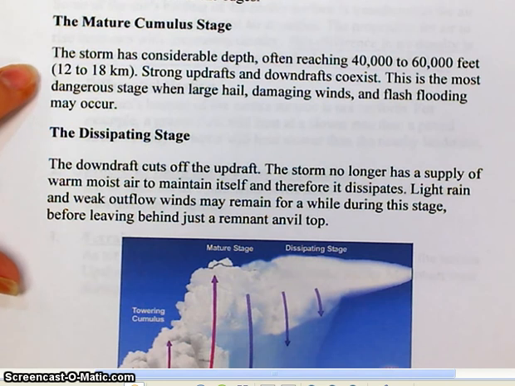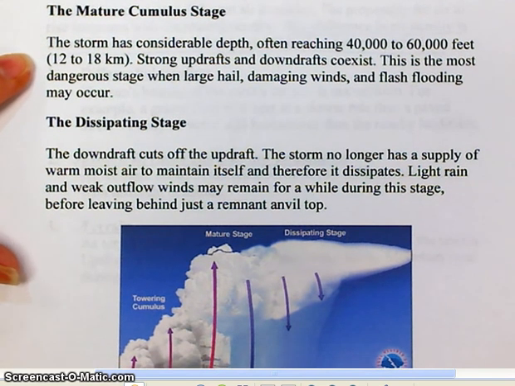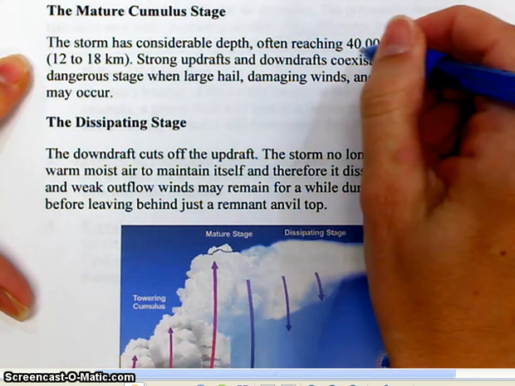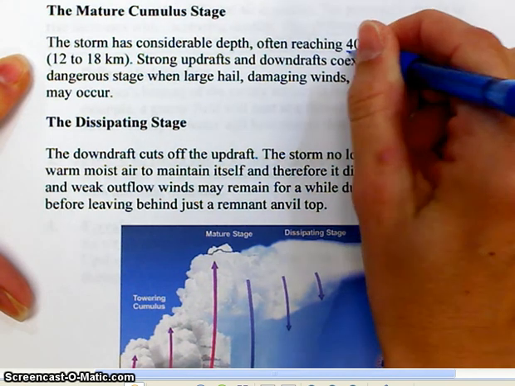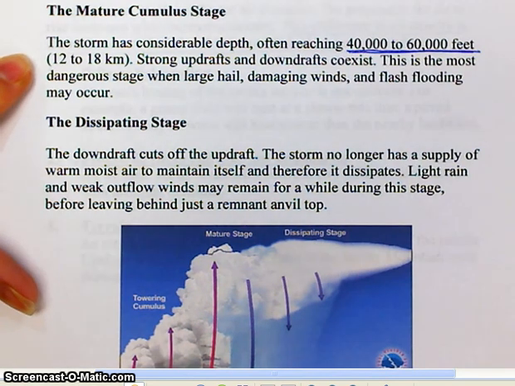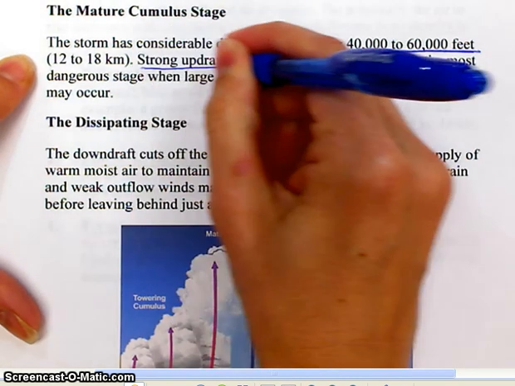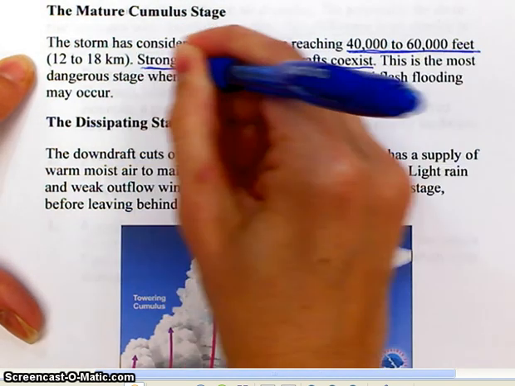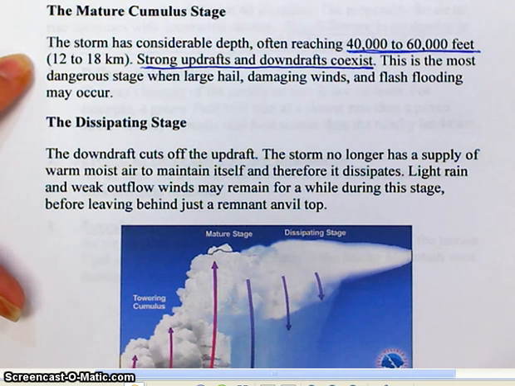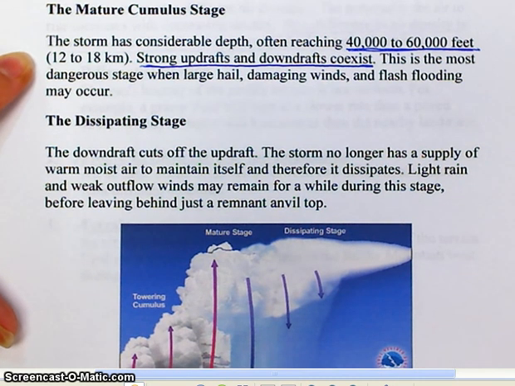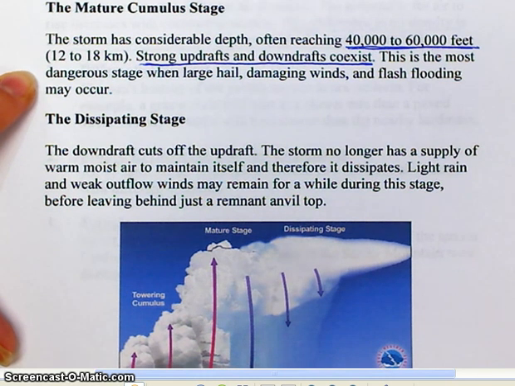Then we have the mature cumulus stage. The storm has considerable depth, often reaching 40 to 60,000 feet, miles and miles and miles deep. Strong updrafts and downdrafts exist. Updrafts are strong upward winds, downdrafts are strong downward winds. This is the most dangerous stage, when large hail, damaging winds and flash flooding may occur.